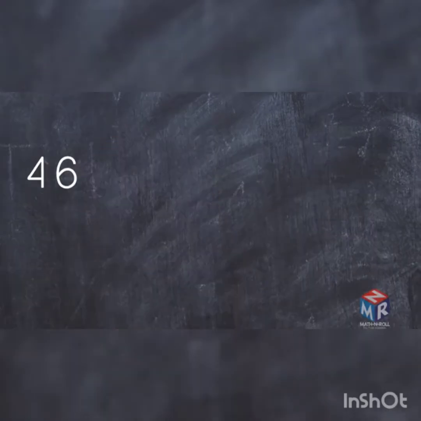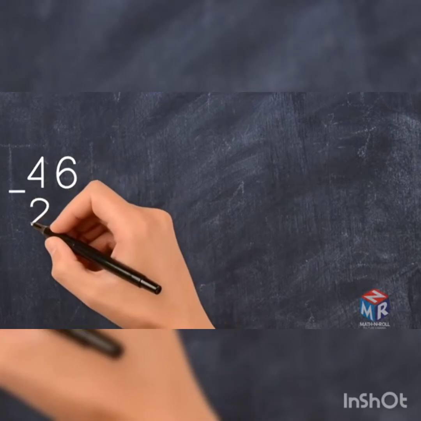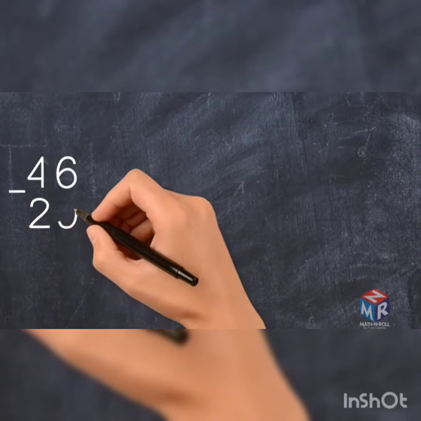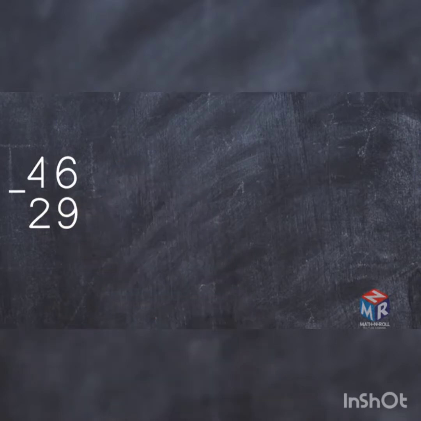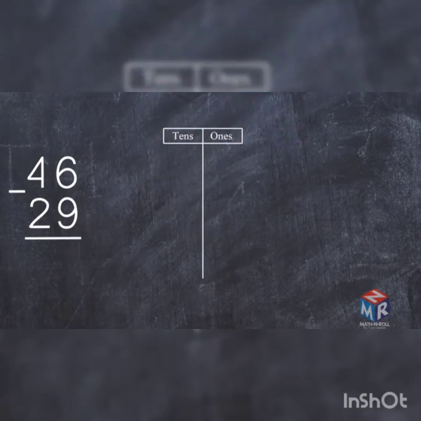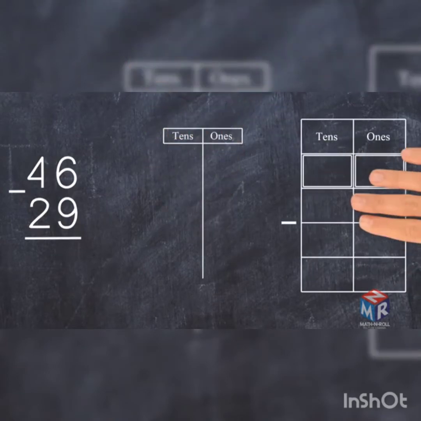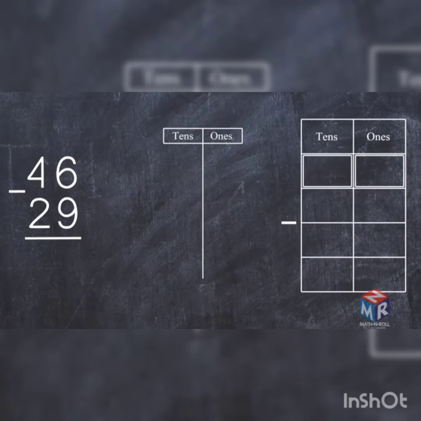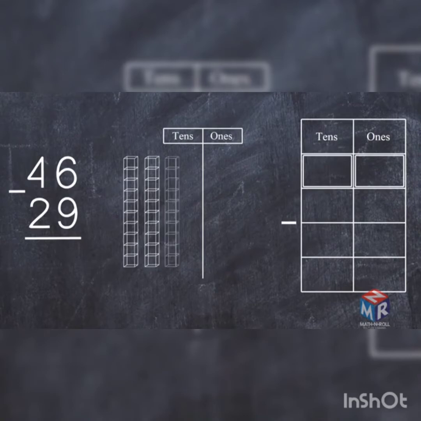The next two digit numbers are 46 minus 29. Okay, 46 minus 29. Remember, you can write the numbers one below the another on the basis of their place value, and first you write the bigger number, then you write the smaller number below the bigger number.